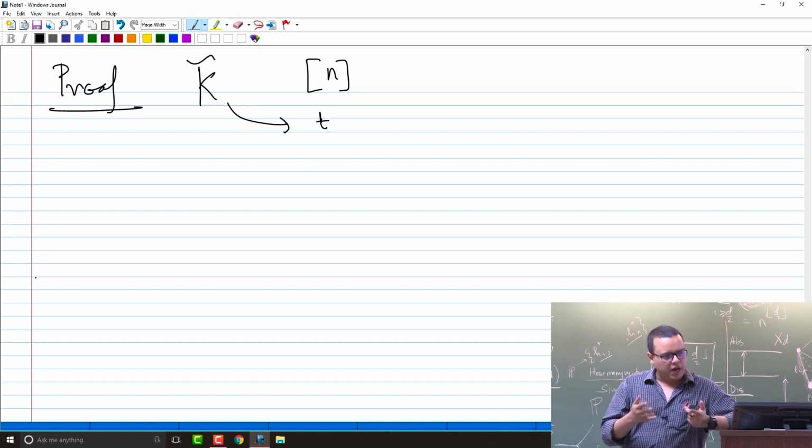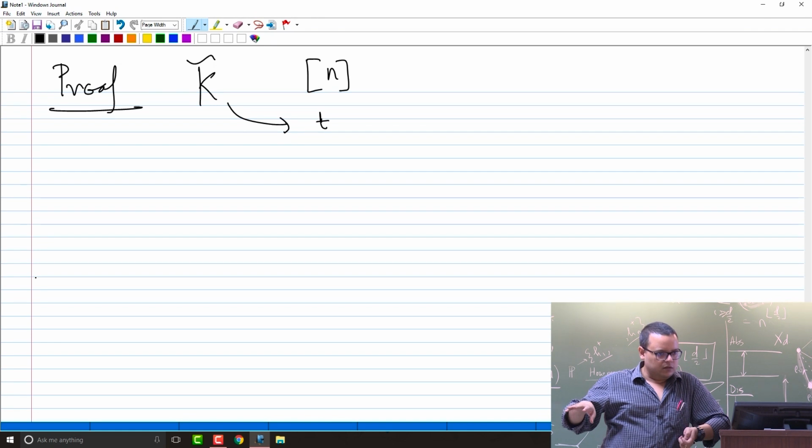Am I making the problem harder or simpler when I am doing this? Harder, I am adding more objects that you have to embed properly. But I want to know whether you can do it or not. If I can do this, then I will be able to embed all simplicial complexes whose dimension is at most T on n vertices.